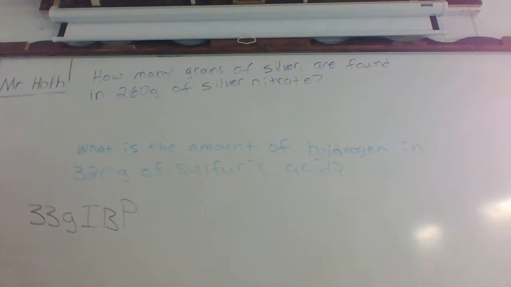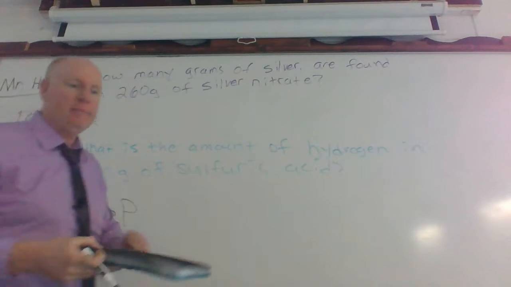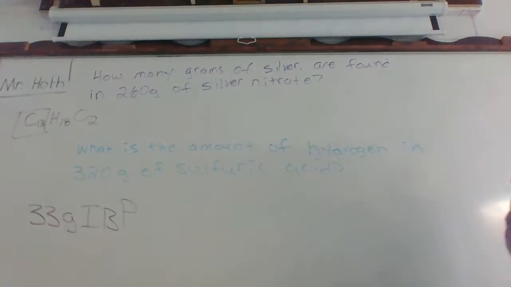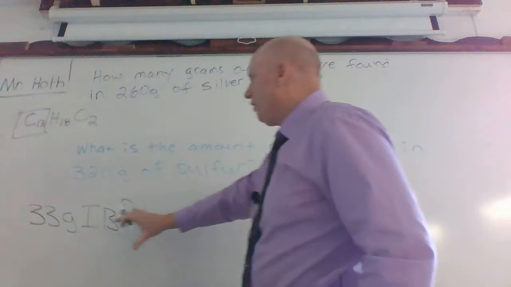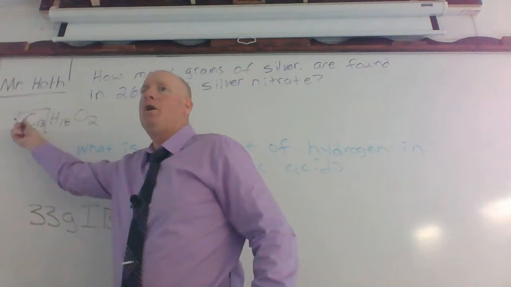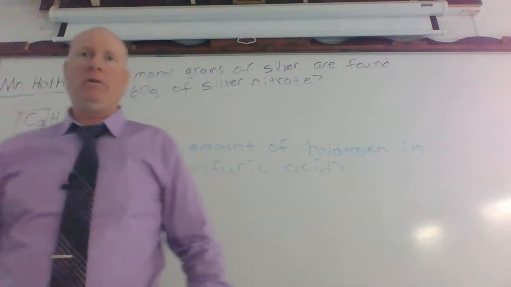Again, what we're looking for is just the amount of carbon in there. So the answer is not 12, and the answer is not 13, because we've got this small tablet that was 33 grams in size. But how much of that tablet is composed of carbon? That's what we're going to figure out here.